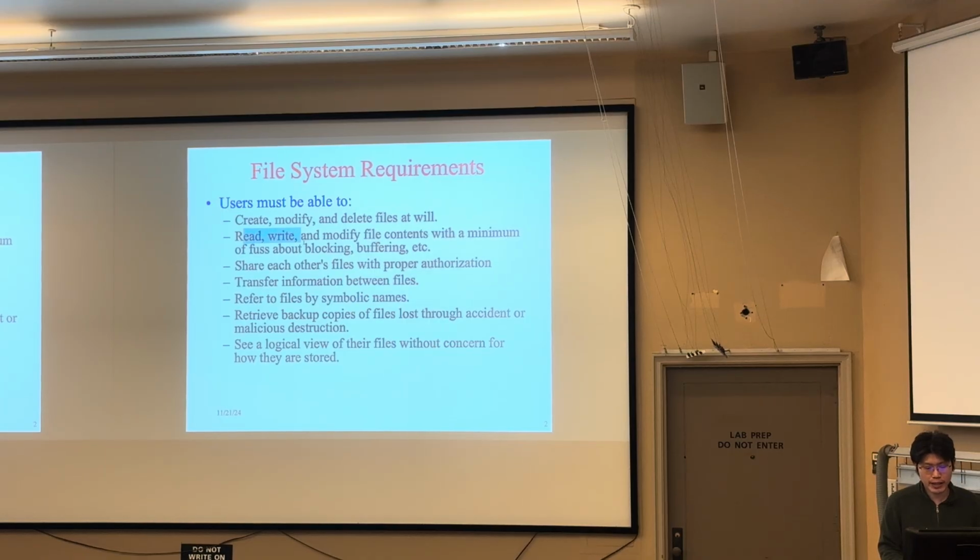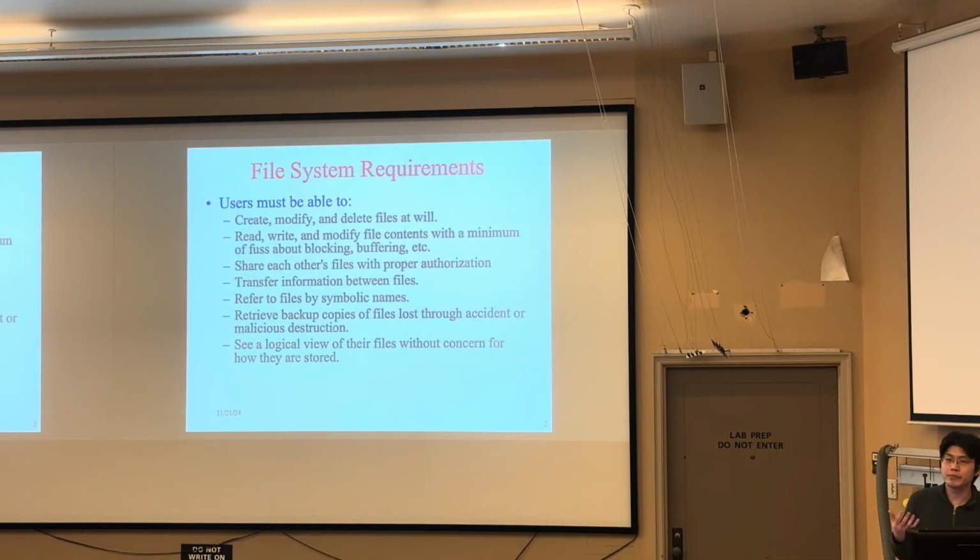And you need to be able to read, write, and modify file contents, share each other's files with proper authorization, transfer information between files, and refer to files by symbolic names. This is symbolic links. There are hard links and soft symbolic links. And retrieve backup copies of files lost through accident.